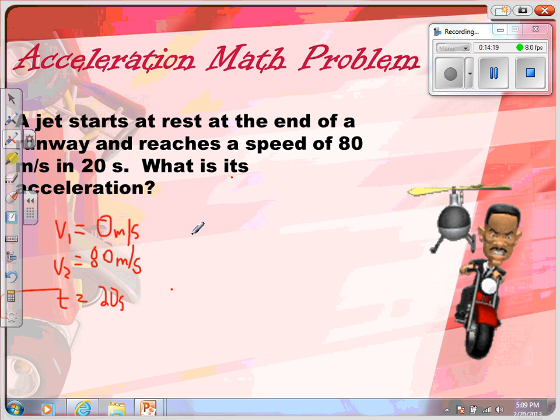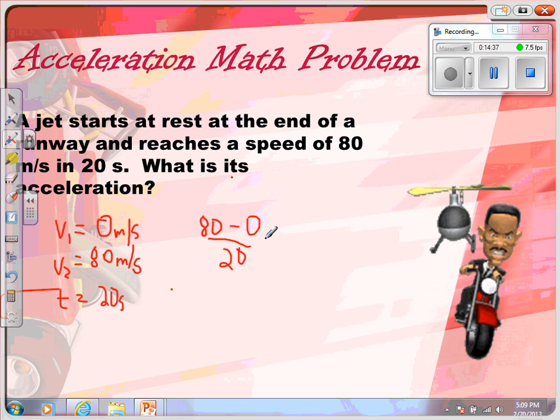Okay, so if we plug that into our formula, 80 minus 0 over 20.